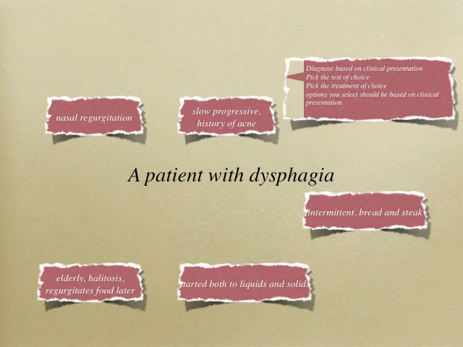So as you can see, there are a variety of different kinds of patients that you might see whose presenting symptom or the chief symptom may be dysphagia. So let's go through each of these clinical situations so we can decide what is the best treatment, best diagnosis, and how to proceed with them.